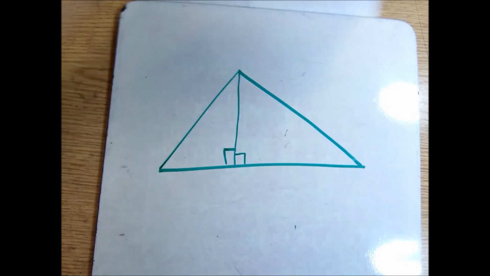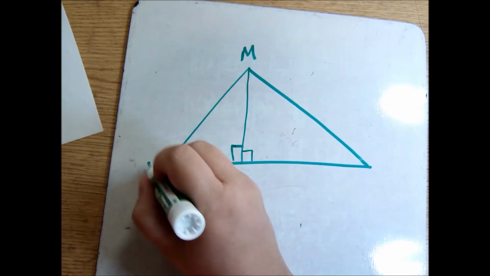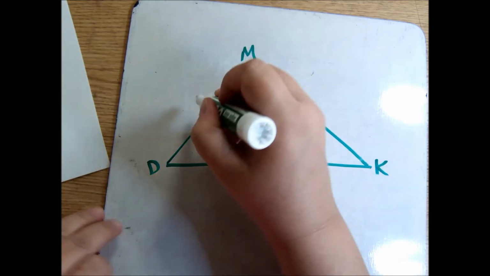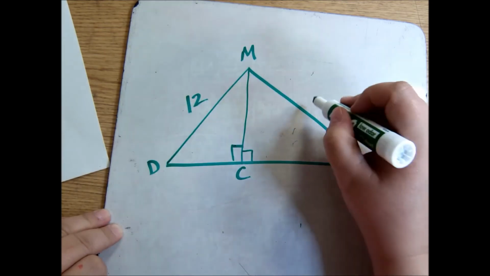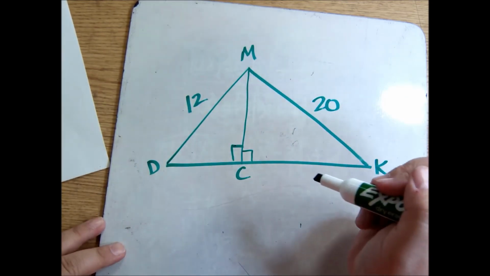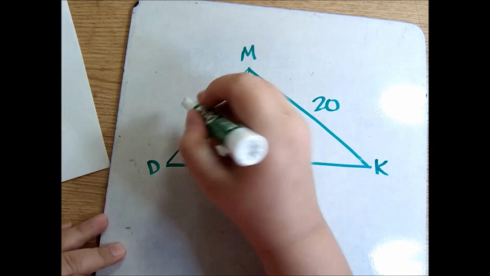All right, so let's say I'm going to use the same letters that are on that problem. Okay, let's say we have this. Nope, that's not what I meant to do.